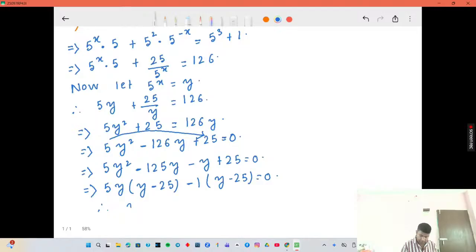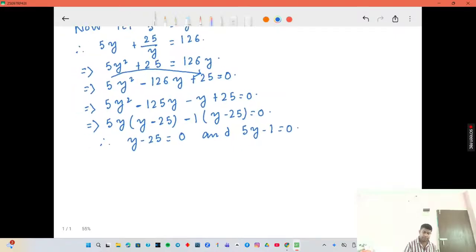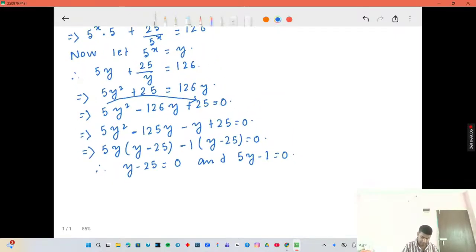Therefore, y minus 25 is equal to 0 and 5y minus 1 is equal to 0. Now we will find the value of y first. Therefore, y is equal to 25 and y is equal to 1 by 5.